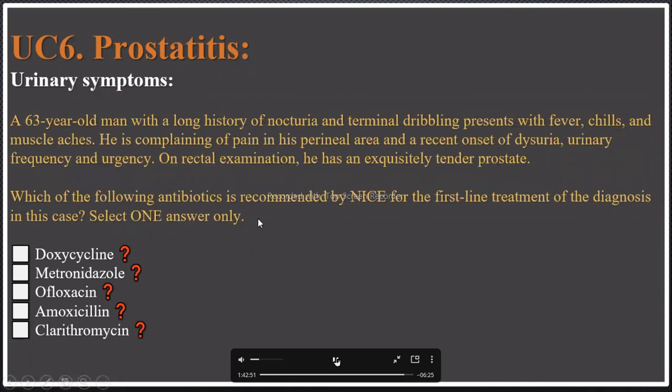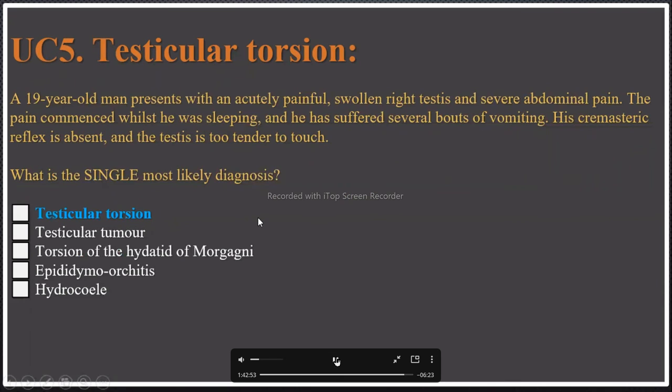Dr. Hani, I'm sorry, I have a question. The next step in this patient with this criteria would be referral to urology or do an ultrasound? Good question. If the examination is equivocal, ultrasound.